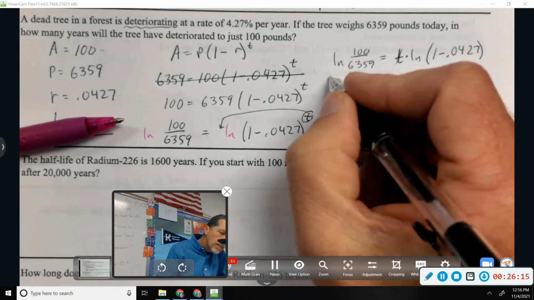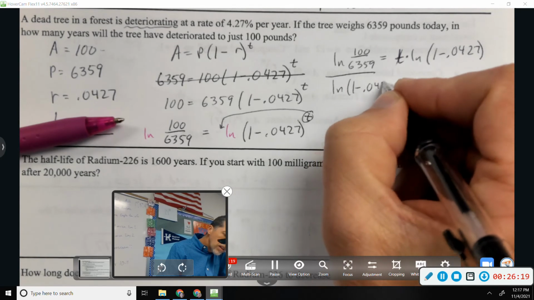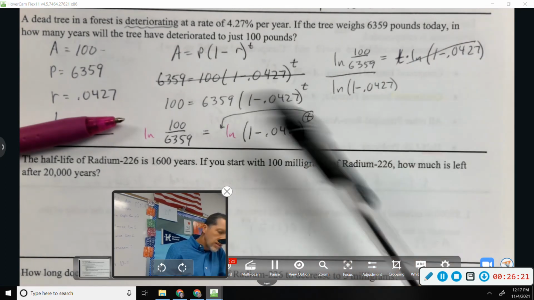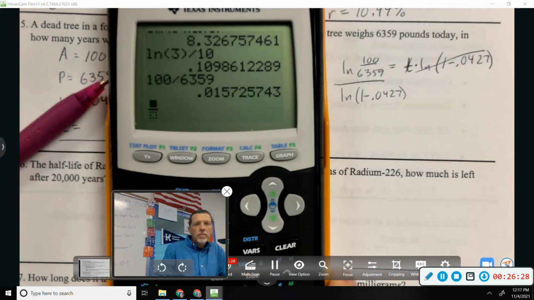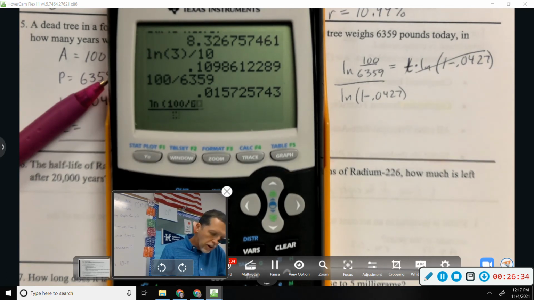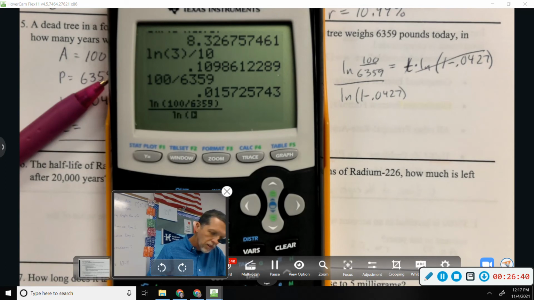Divide. So yeah, this is going to be ugly, but the calculator can handle ugly. I'm using one fraction bar, but you could use 2 different fraction bars in this problem if you wanted to.